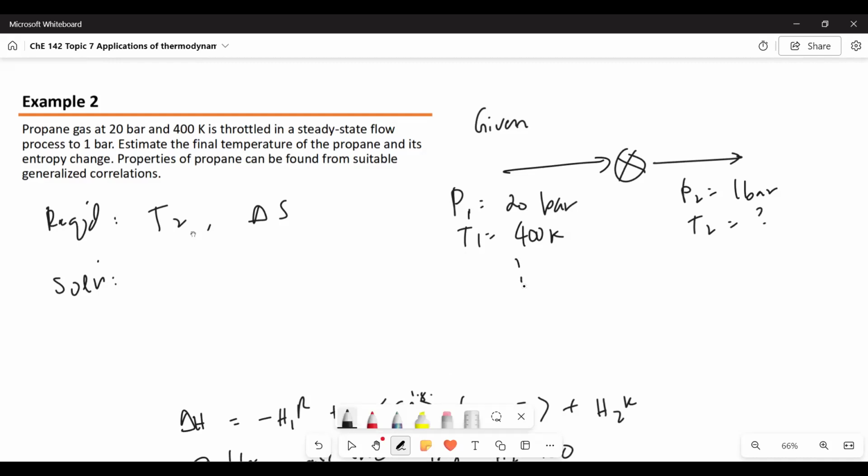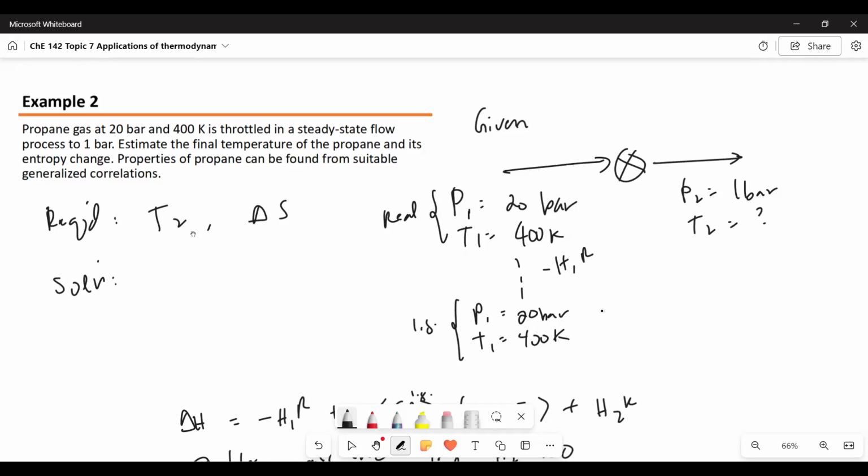Hypothetical path, P1. This is for real, and then this is ideal, and this is negative H1R.